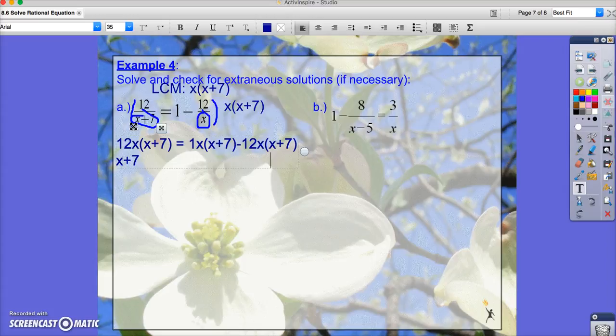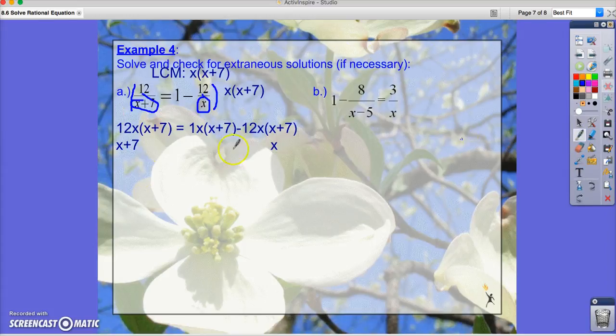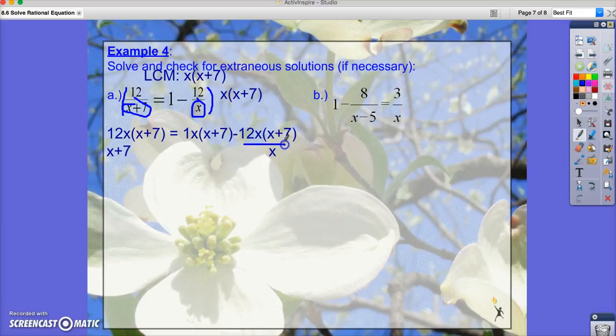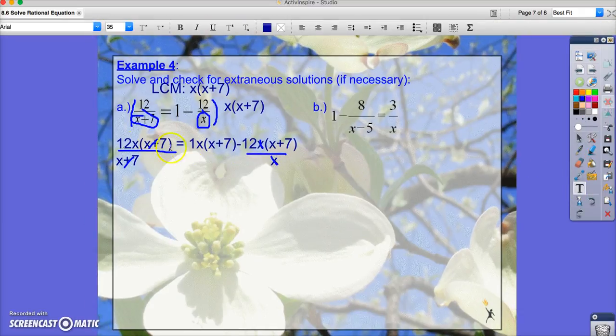And I'll have no fraction bars here. All right. So cross out what's the same and be careful. Don't make a mistake like I did before. Make sure everything cancels out nicely.